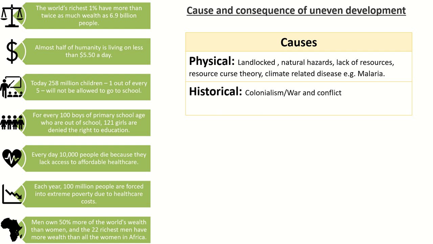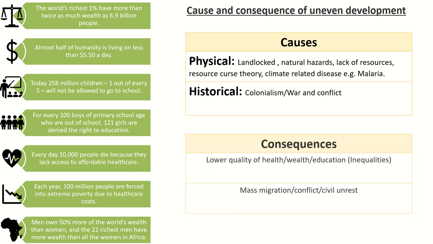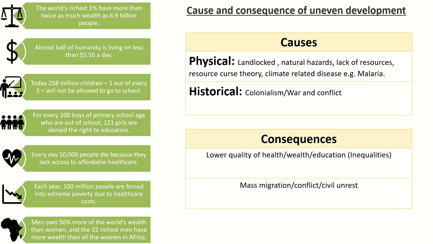We know there's uneven development, but the consequences of that are huge. Now, on the left hand side, you can see that generally we're going to have a lower quality of health, wealth, and education, inequalities between them. Some children go to school, some children don't. Some children go on to earn lots of money, some don't. And if you are born in an LIC, you are more likely to be one of the don'ts than one of the do's on a global scale.